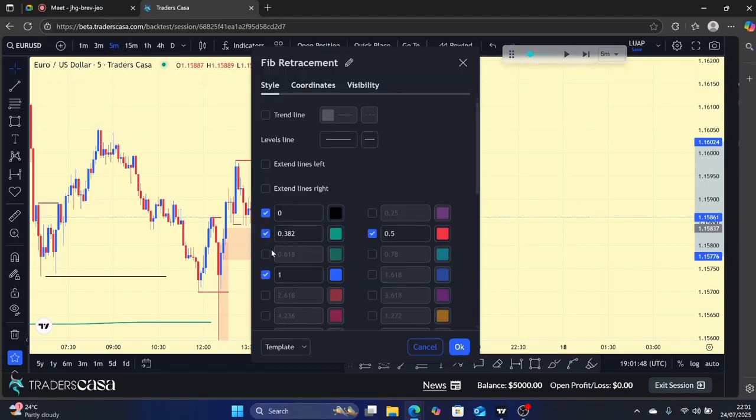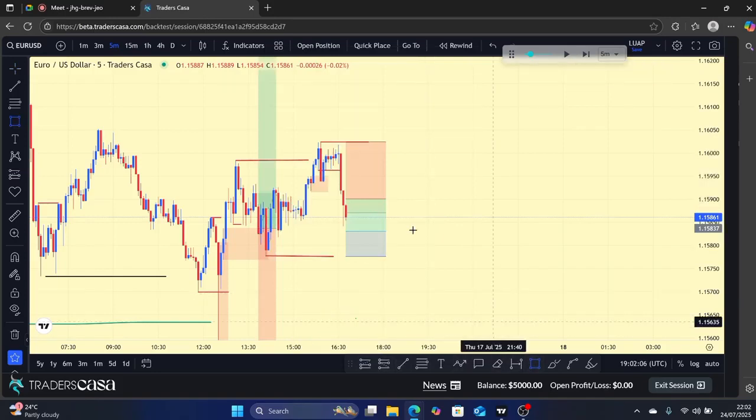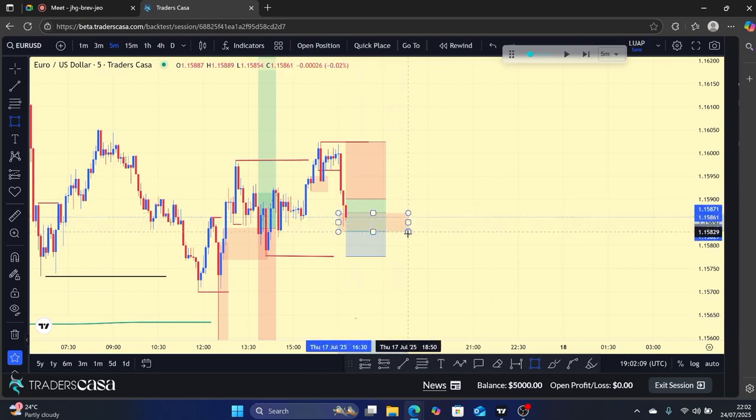You can clearly see the level 0.618 and this one 0.78, and then you do that. You will be looking for your trades inside this zone. That's where you'll be looking to take the entry from, because that's the golden zone.